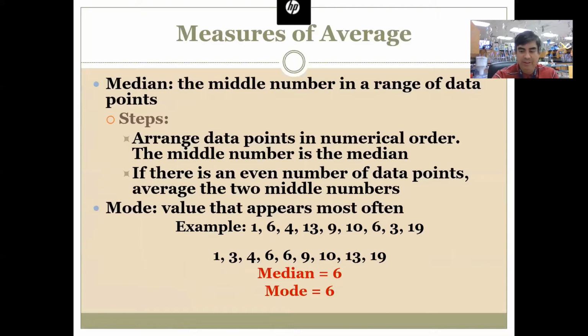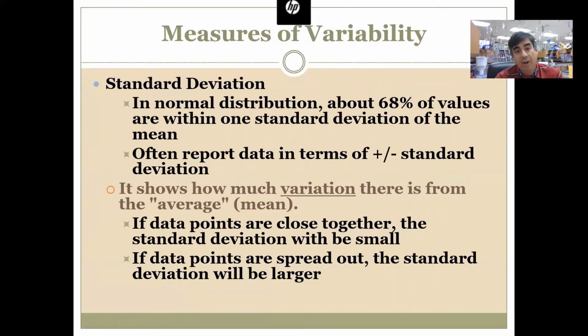That's pretty easy. However, now let's talk about standard deviation. And once again, standard deviation just tells us how spread out our data is from the mean. That's pretty much our definition of it. However, there is this rule that we're going to talk about called the 68, 95, 99 rule.